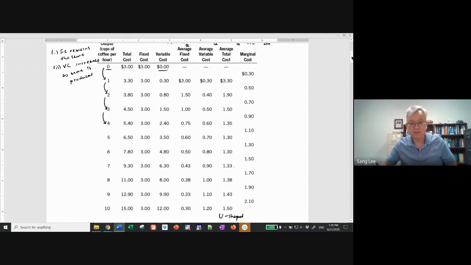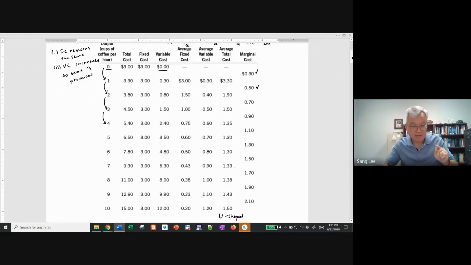That coffee costs you what? 30 cents. Now, when you increase your output from 1 cup of coffee to 2 coffees, change in total cost is what? 50 cents. So producing the second cup of coffee is now costing 50 cents.